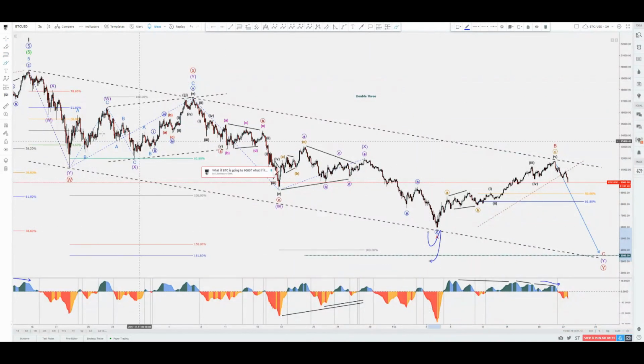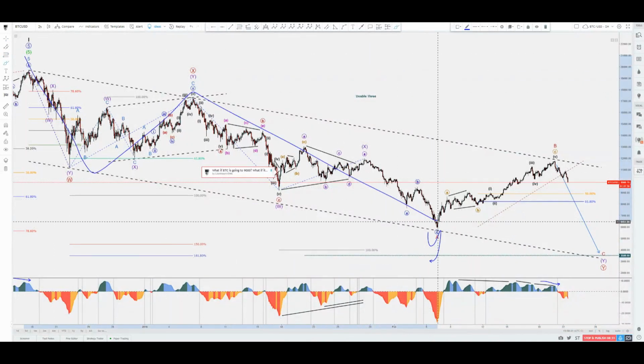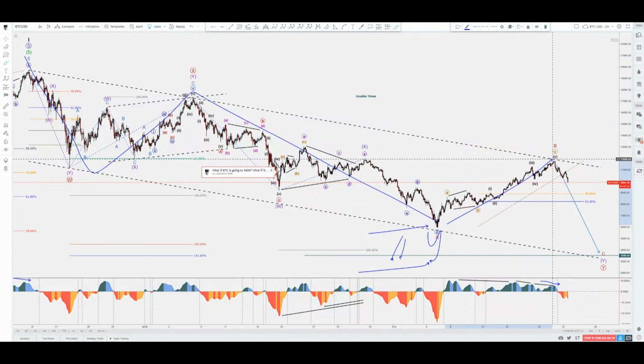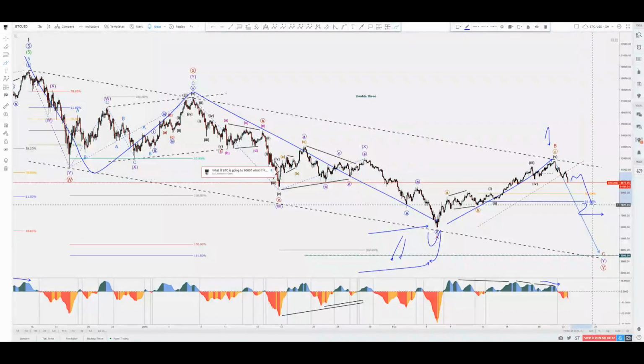So we have the Y right here, W, X, Y. So this is basically the cycle wave 2, and we're starting a bullish cycle. If this is a 1, the second wave would be here. If we go like this, still below 9,000, 9,000 would be closely watched again.